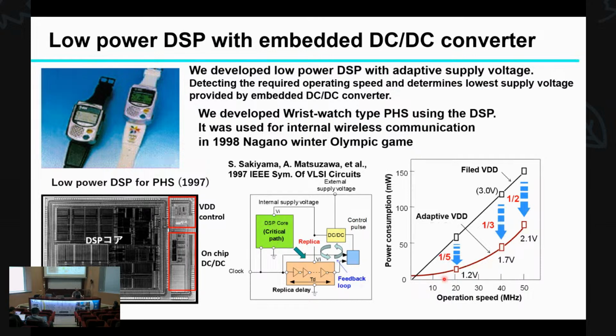So we introduced this local on-chip DC-DC. Using this DC-DC and DSP, we developed this torch type. It was used for internal wireless communication at the Nagano Winter Olympics Games in 1998.